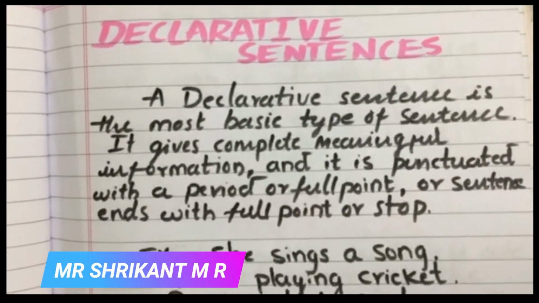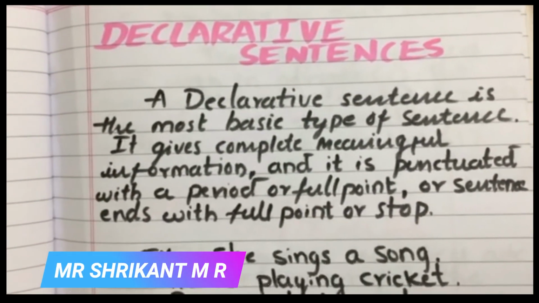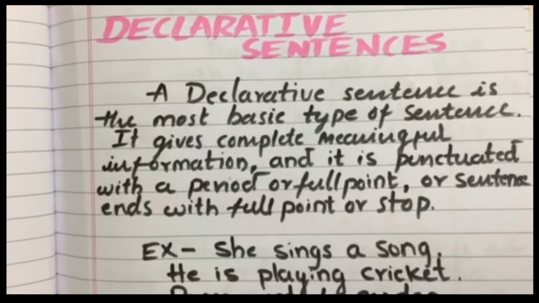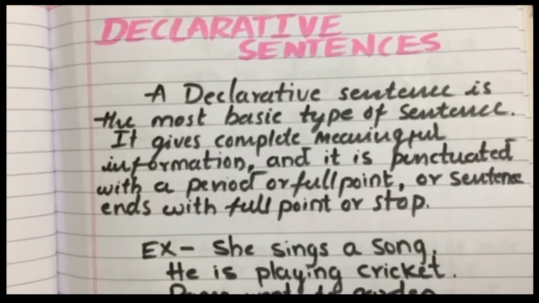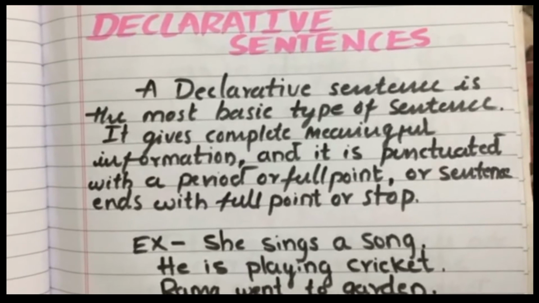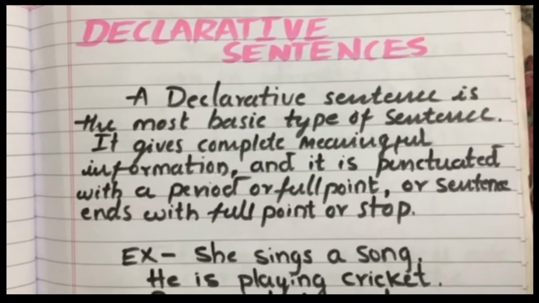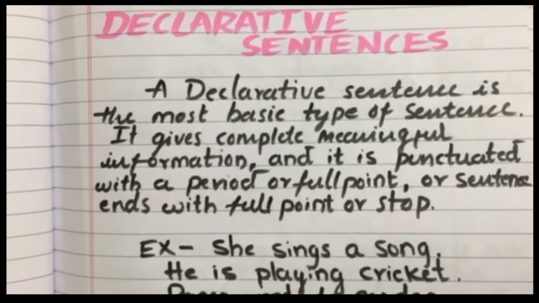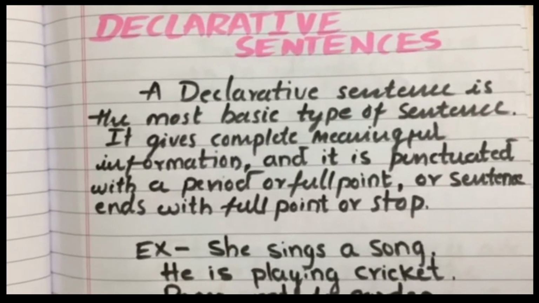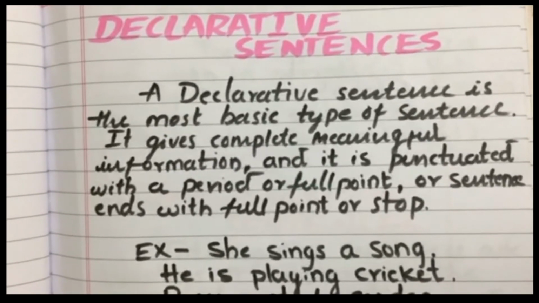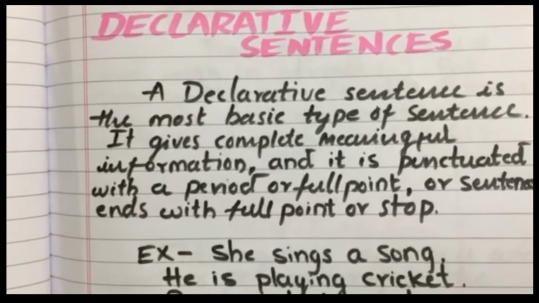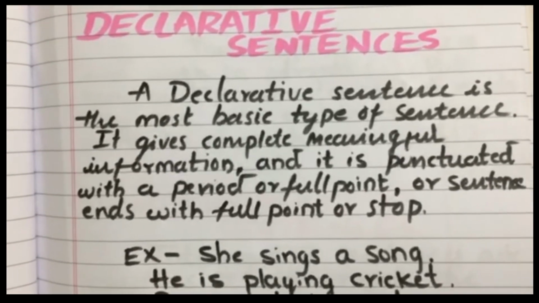Okay, here is the declarative sentence. This is the first type of sentences. Now, what is a declarative sentence? Which type of sentences belong to declarative sentences? Okay, now see here the definition of declarative sentence.